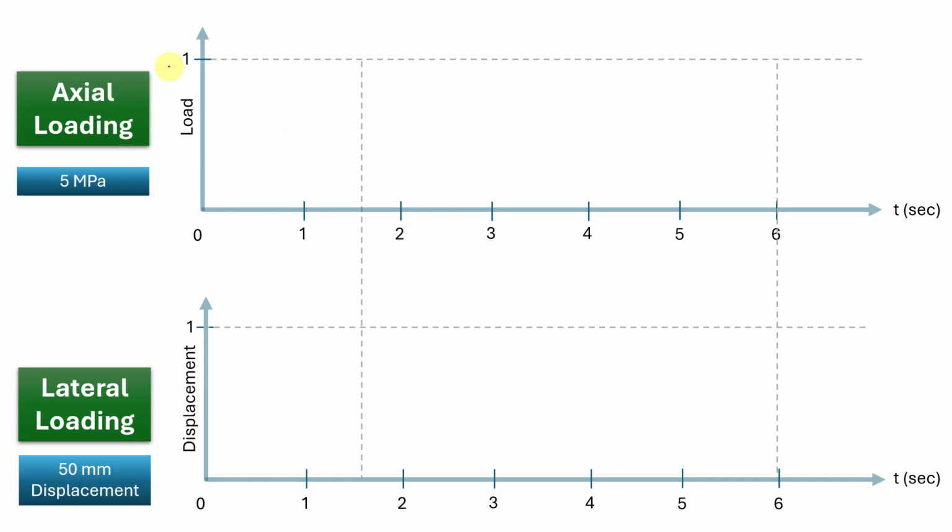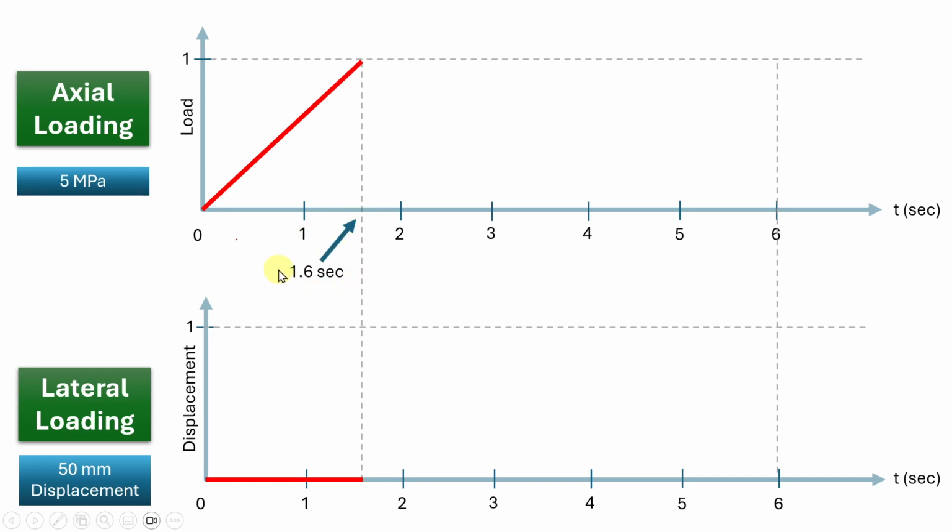So this is our axial loading pattern, and this is the lateral loading pattern. At first the axial loading will start. If you see, the axial loading is increasing and will go to 1, and the lateral load is 0.